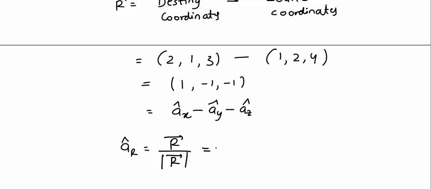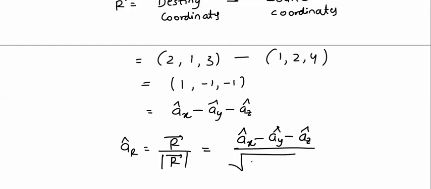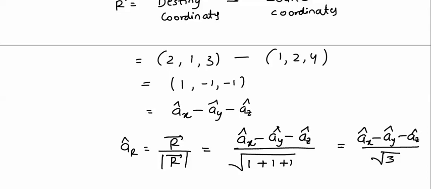The R vector is this, so write down ax vector minus ay vector minus az vector divided by under root of 1 plus 1 plus 1. So it's ax minus ay minus az divided by root 3.